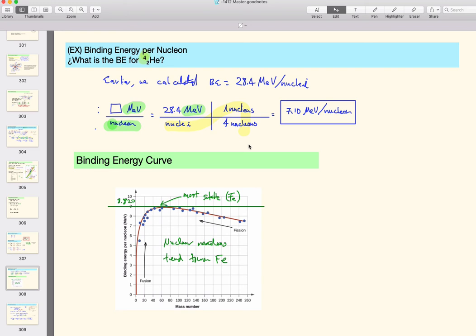Can we get an indication of which direction our nuclear reactions are going to go? Are we going to undergo fission reactions, where we're breaking larger atoms apart into smaller atoms? Are we going to undergo fusion, where we have smaller atoms being combined? Well, looking at the energy curve, we can see that the most stable species happens to be iron.